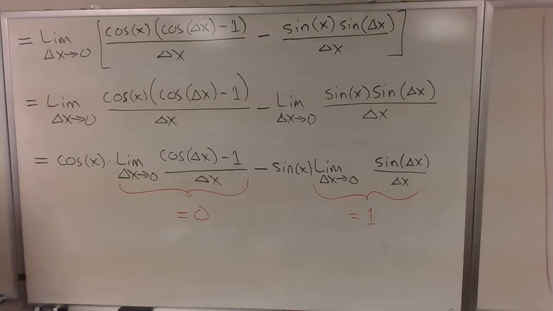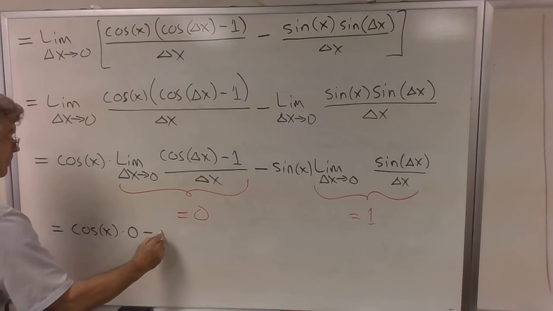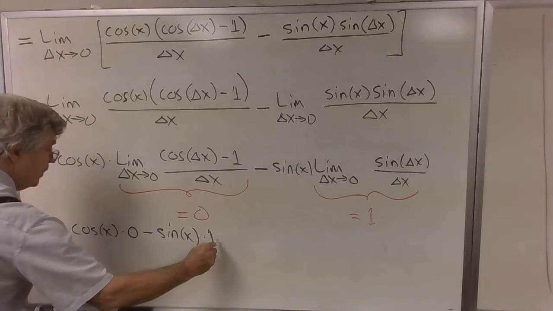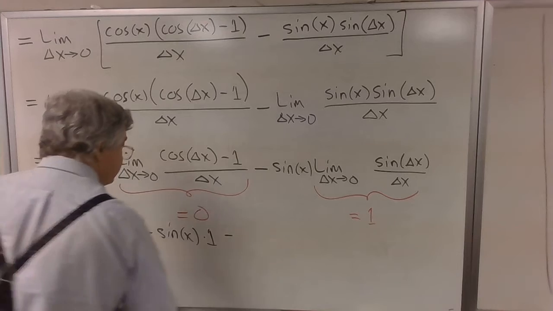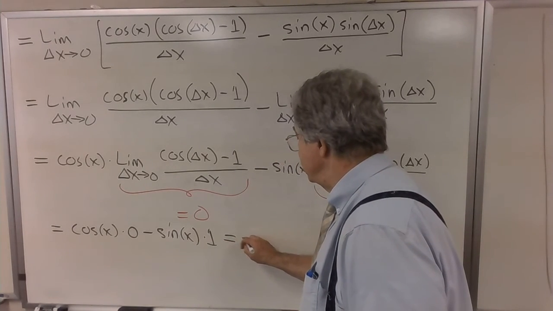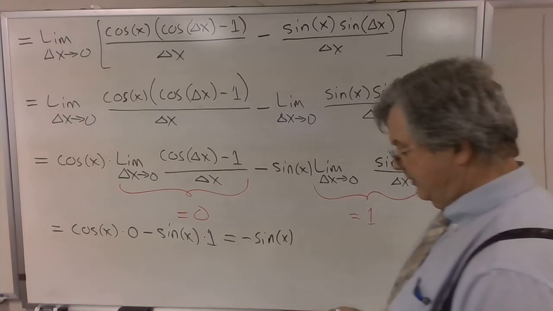So I have cosine of x times 0 minus sine of x times 1. And that's going to be negative sine of x.